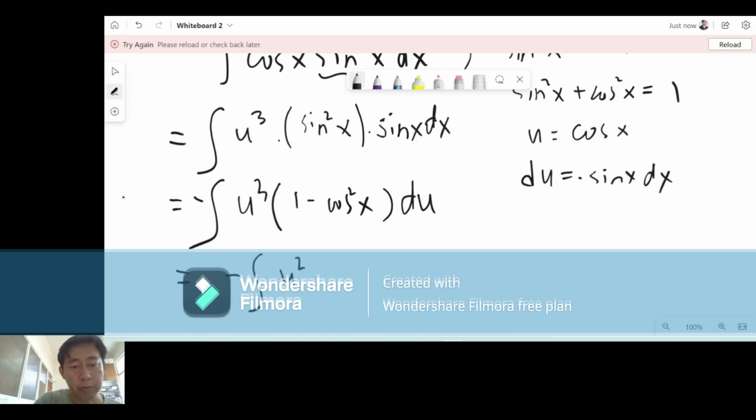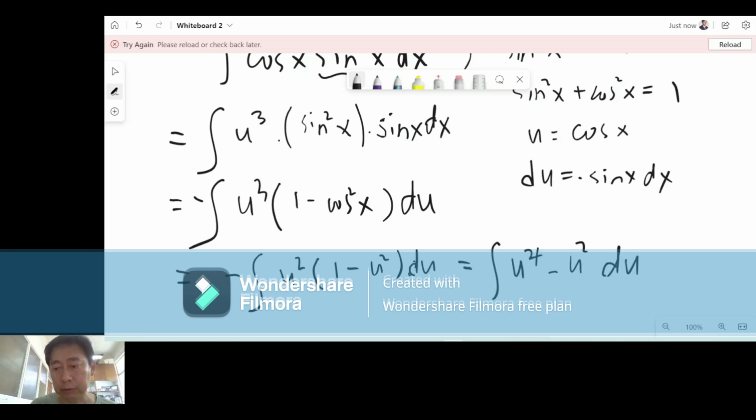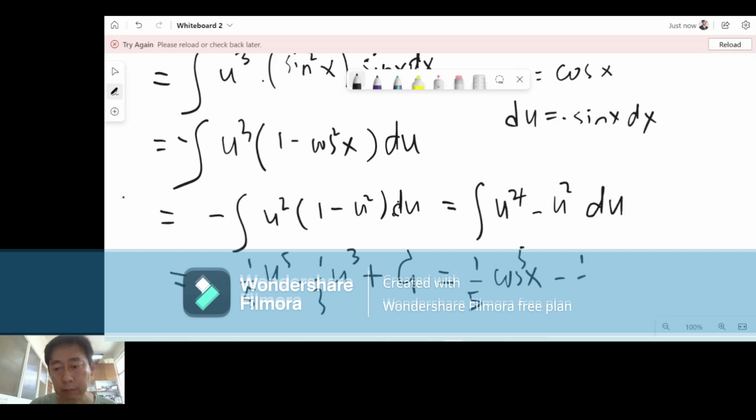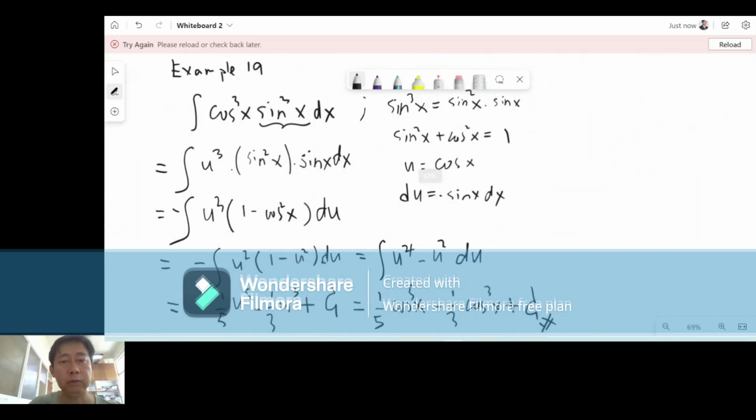And I'll simply replace 1 minus cos square x by 1 minus u square, times u cube du. That would lead to the integration of u to the power 4 minus u square, which is then translated into this expression. Substitute in the expression that is represented by u, then we will arrive at the solution to the integration that we want to integrate.